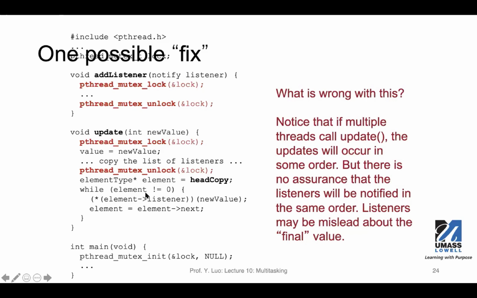So the listeners may see the old value, or not the most recent value. So if you use that to, let's say, update the cockpit display in an aircraft, you may see the new value and the old value mixed up in certain cases. So listeners may not be able to get the final value of the shared variable.